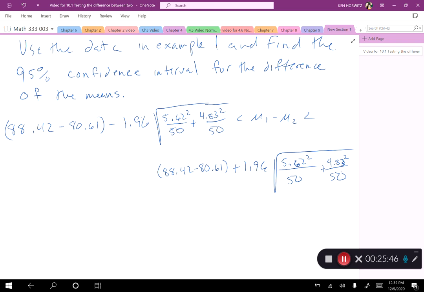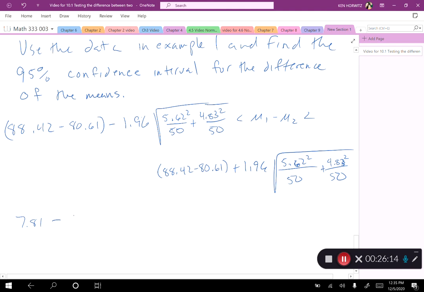So let's subtract the 88.42 minus 80.61, and I get 7.81. Now I'm going to do my standard error separately. So why don't you pause the video now? Why don't you try to calculate your standard error, and let's make sure we get the same number. All right, so hopefully you paused the video.